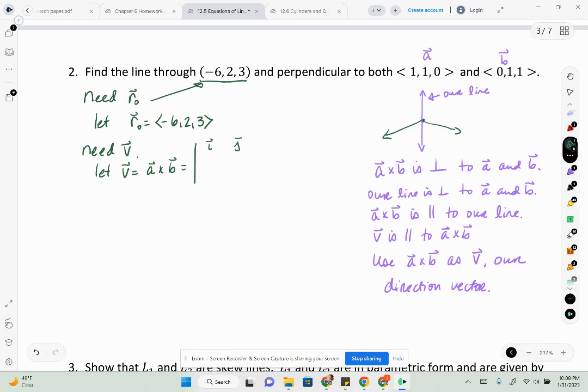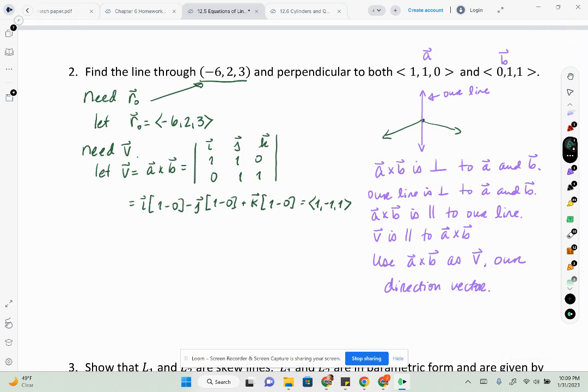I have my I, my J, my K. I have 1, 1, 0, and 0, 1, 1. When I calculate this, I get I hat times (1 minus 0), minus J hat times (1 minus 0), plus K hat times (1 minus 0). So this all together is 1, negative 1, 1.